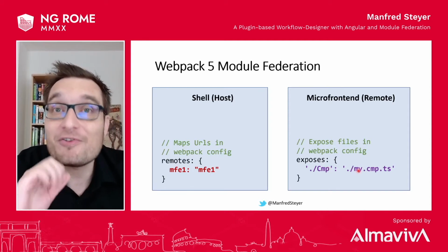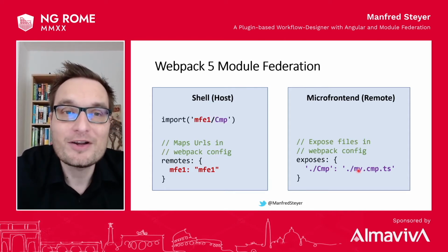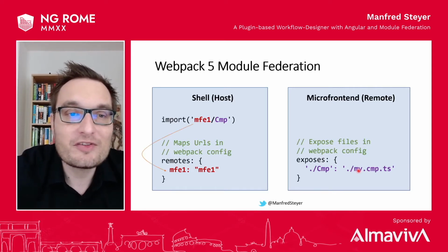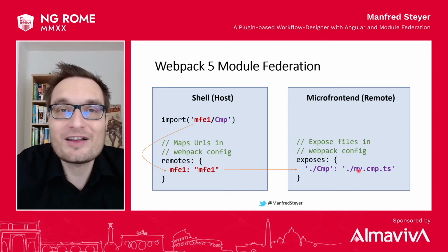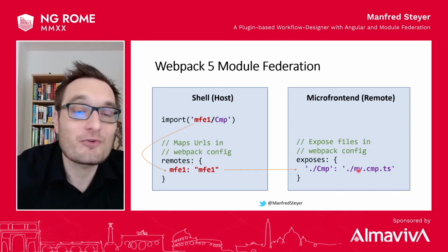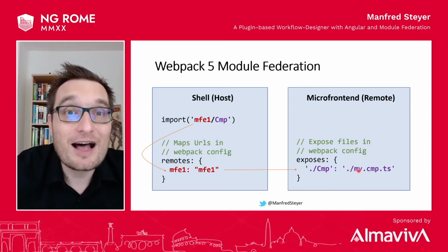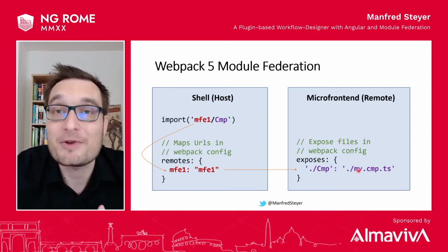And then something wonderful happens. Then I can use a dynamic import which is using both configured names, and so this import points over to this other application, and this allows me to load the component from over there. The best of this is Angular does not even notice that I'm loading something from another application.